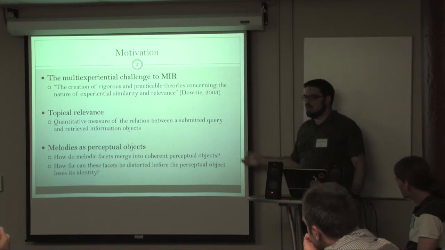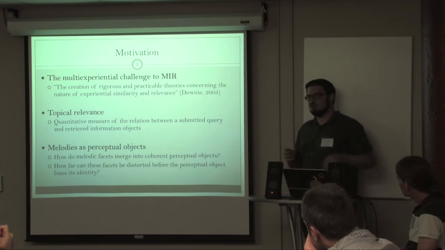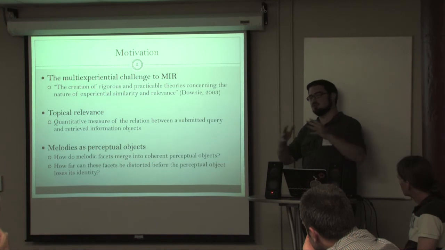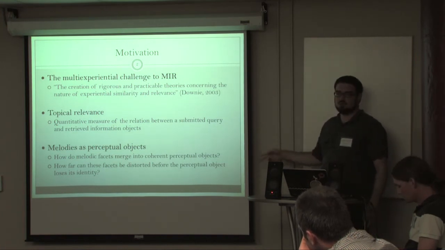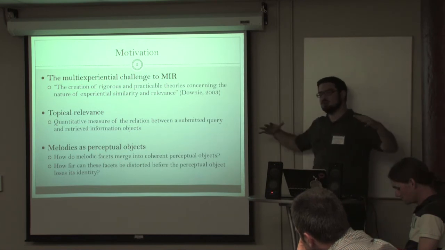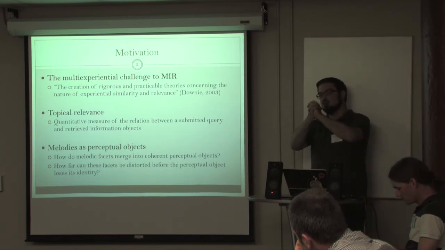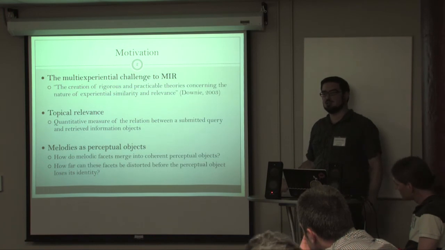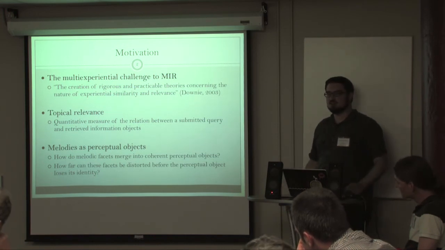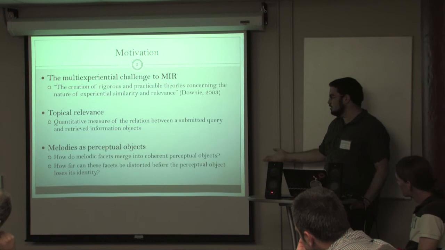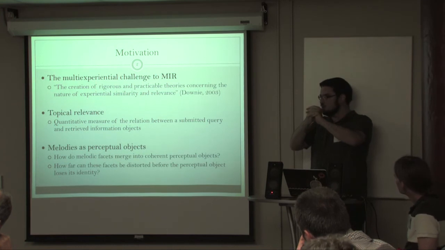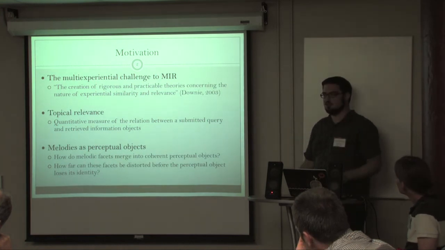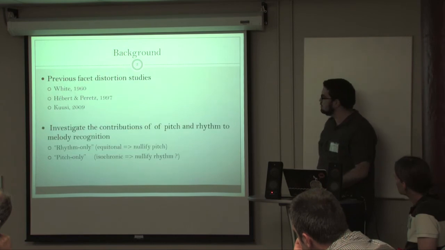In the cognition literature, this idea of how different facets contribute to an information object has been explored through two different perspectives. One looks at how all these different facets merge together to make one whole, the Gestalt psychology, auditory scene analysis type approach. Another way to look at this is how, once we have this perceptual whole, how much can we mess about with the individual facets? How much can we distort them before it falls apart and loses its identity? That's the approach we're taking here.